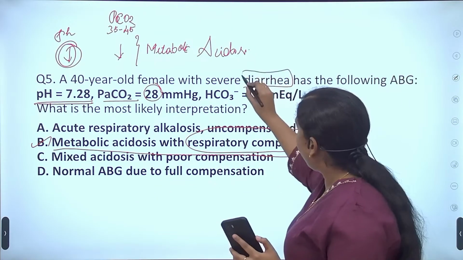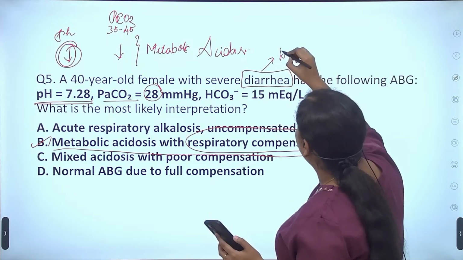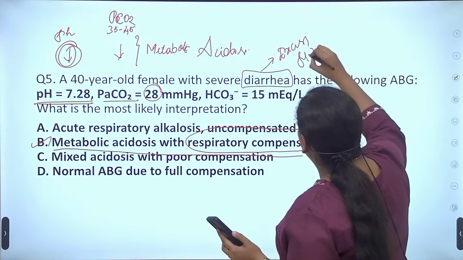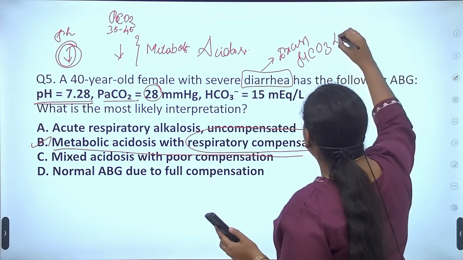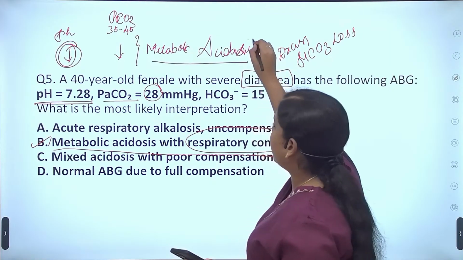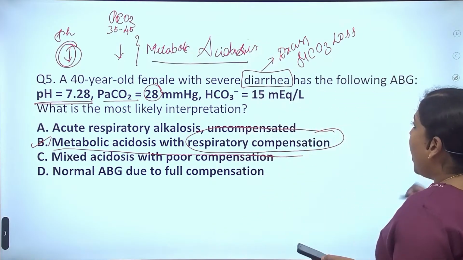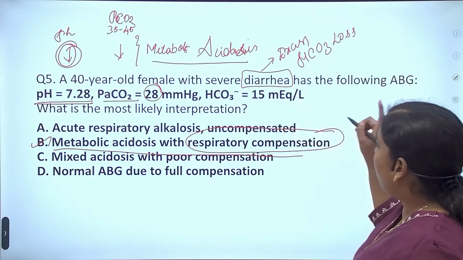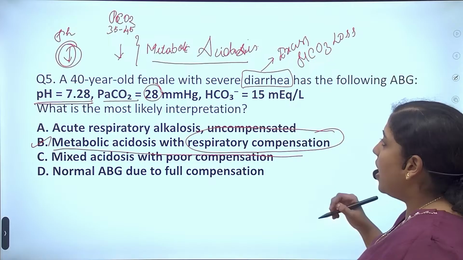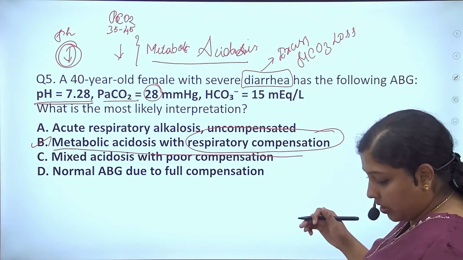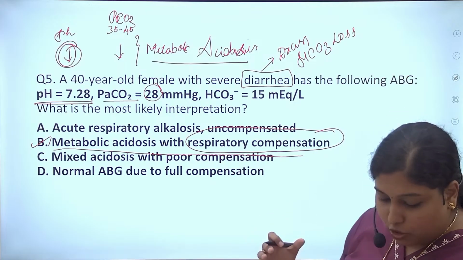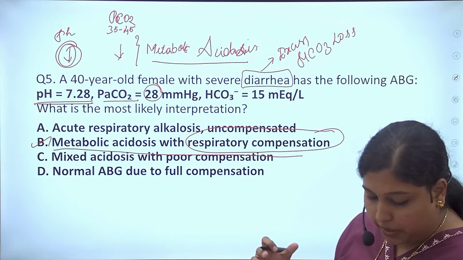In case of diarrhea, there will be excessive bicarb loss, excessive HCO3 loss, which in turn is going to cause metabolic acidosis. And the patient is going for metabolic acidosis, and the respiratory compensation has been started to maintain the pH level. So now tell me what kind of mechanism is happening.